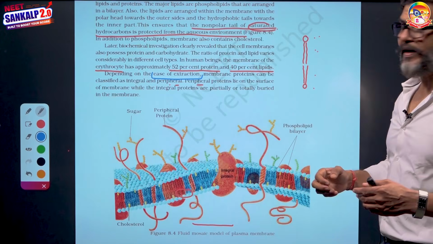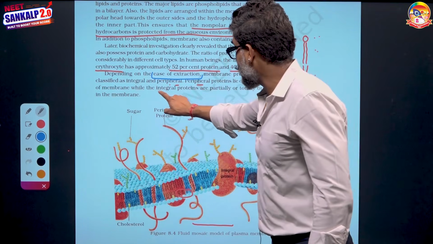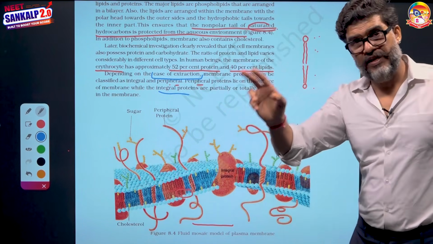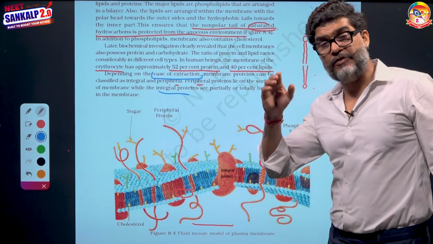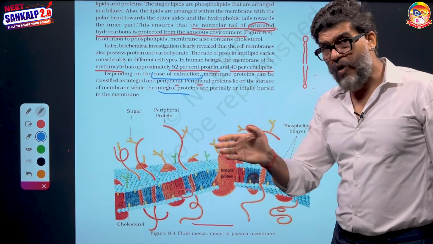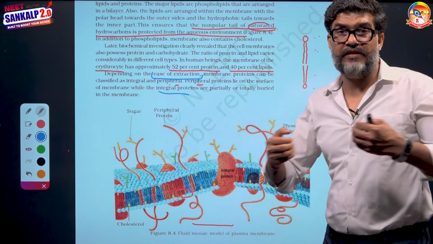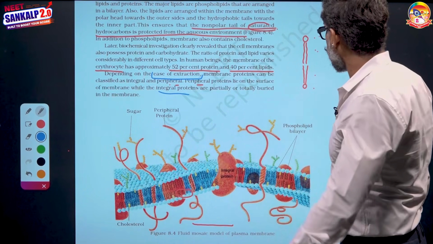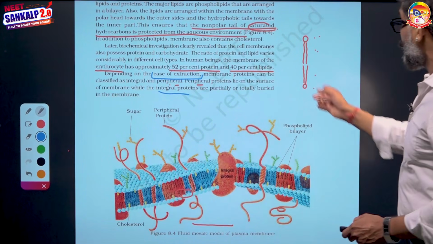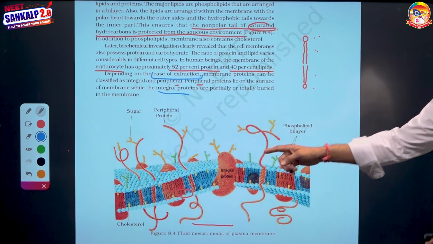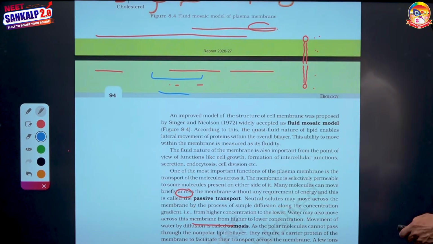Because their detachment is not easy, they are known as integral proteins. So the classification of plasma membrane proteins as peripheral or integral is not based on their position, it is actually based on the ease of extraction, that is, how easily they can be detached. So this diagram also, with labeling, you have to keep in your memory.